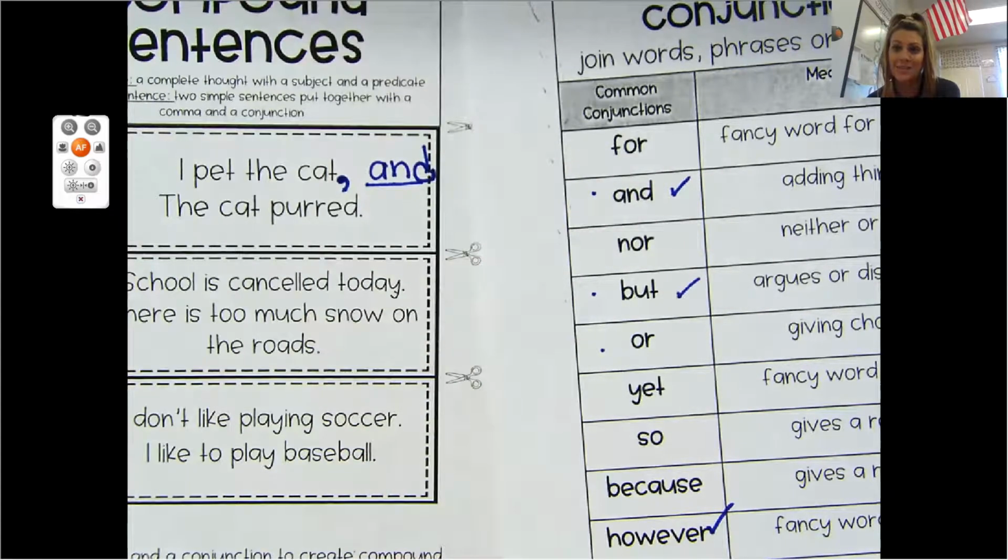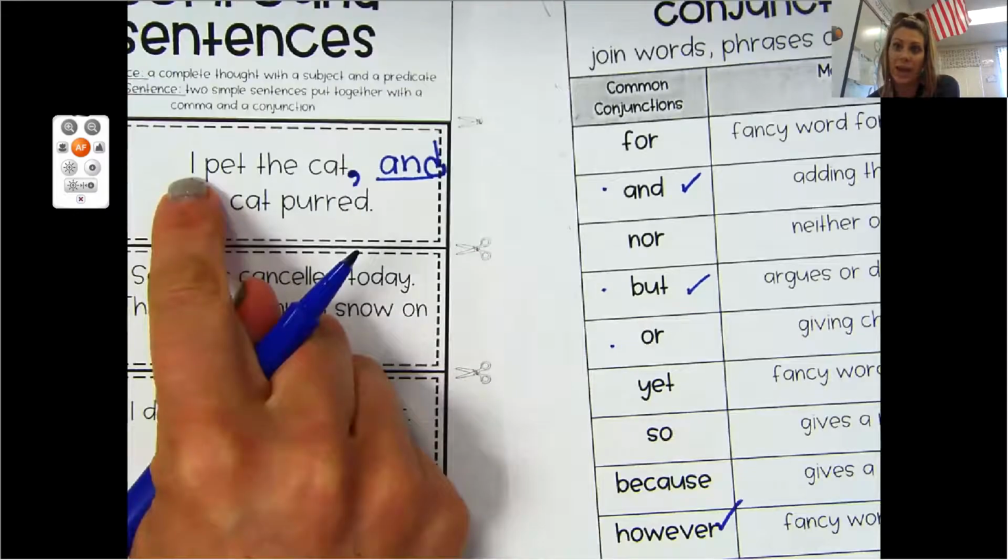Does that make sense? Yes. But guys, there is one thing we have to do. If we're not going to rewrite this sentence, there's one thing we have to edit. In a compound sentence, there is only one capital letter unless it's a proper noun, right? So we start our sentence with a capital letter, and I is a proper noun.